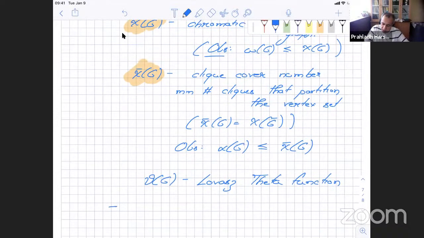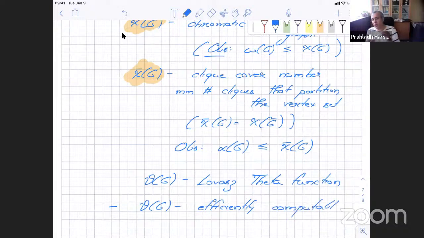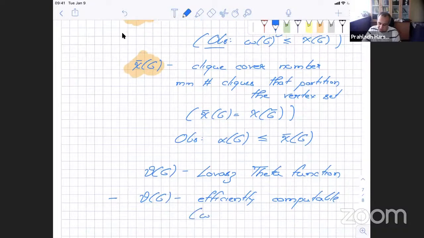One is that theta of G is efficiently computable, that is, you can compute it to any accuracy you want. Basically, he writes theta of G as a semi-definite program, and semi-definite programs you can compute to arbitrary accuracy. We will see an SDP formulation for it.